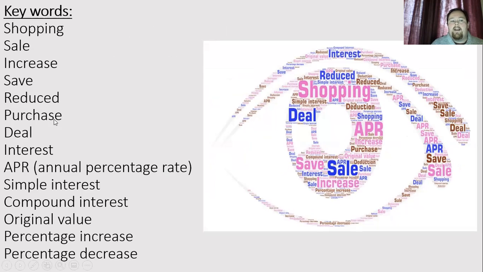Purchase, which means to buy. Deal. The interest. The annual percentage rate, so APR, interest. Simple interest, compound interest. Original value, percentage increase and percentage decrease.